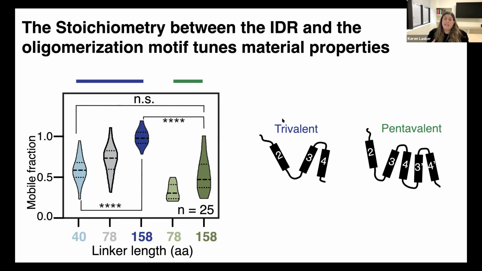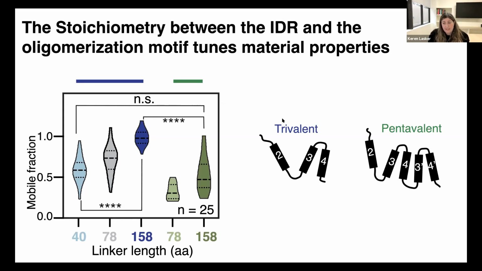created a new construct. The wild-type oligomerization domain is this trivalent 3 helices. We extended it by repeating helix 3 and 4. And what was very nice to see is that if we now use this double linker, but use this pentavalent oligomerization domain, we're actually able to go back to the material properties as we have in the wild type.